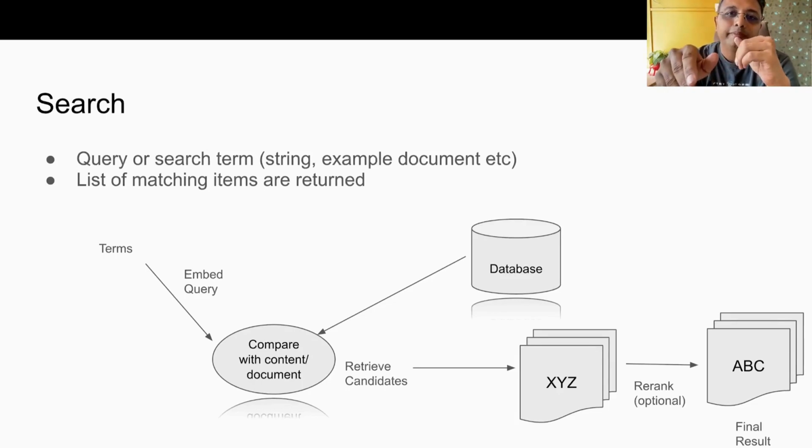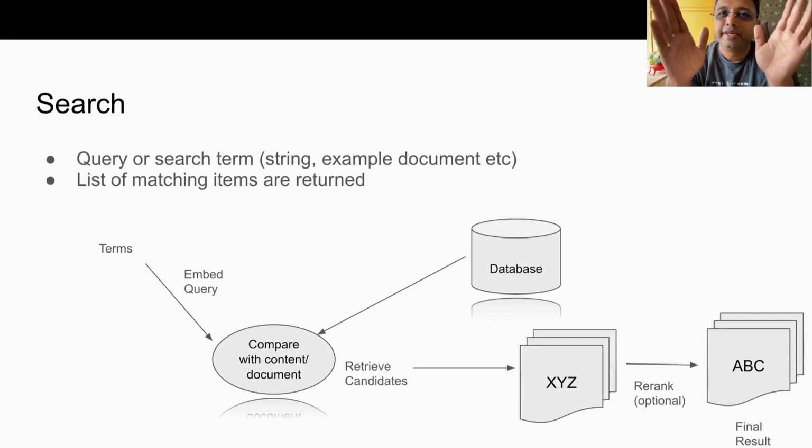At the same time, Google or any system behind the scenes has a database which has kept all the documents, again embedded using the same algorithm which the query was embedded or encoded with. Then those are compared using certain metrics, and whatever matches closely is prepared as a list and shown to the user.